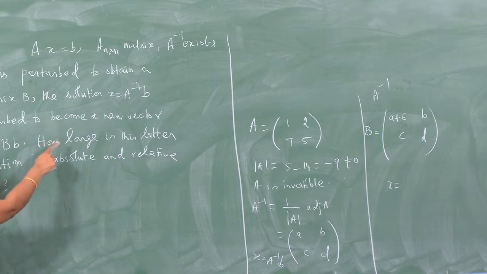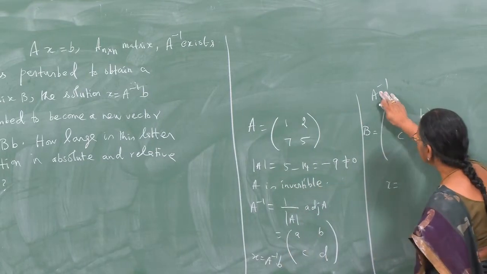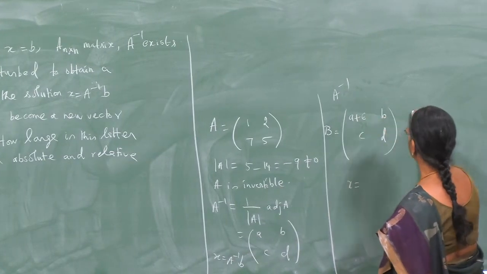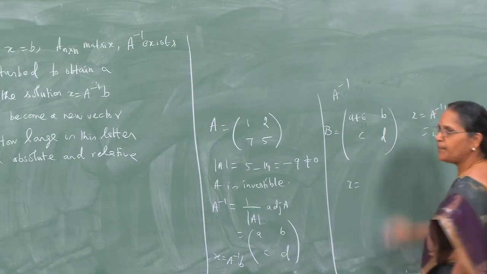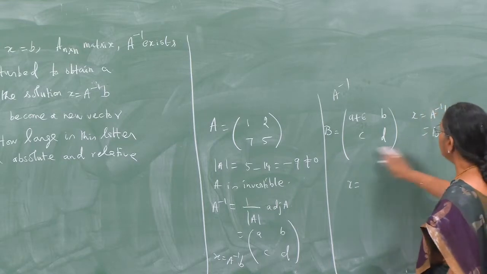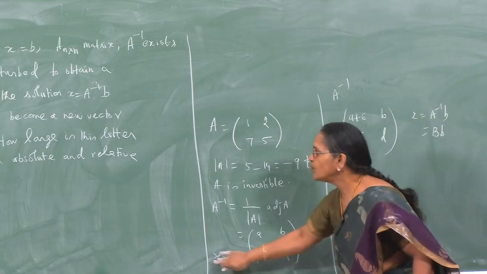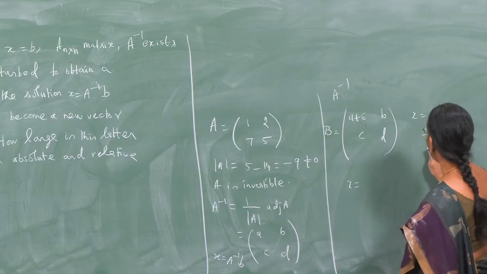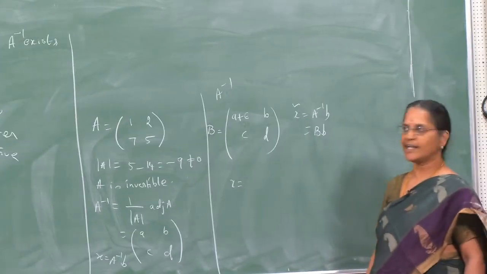to become a new vector x tilde. Why? I am going to use this as my A inverse and obtain the solution. So, it is B times vector b. So, with this my solution is Bb, but I should have got this solution as A inverse b. So, I have got a new vector x tilde.